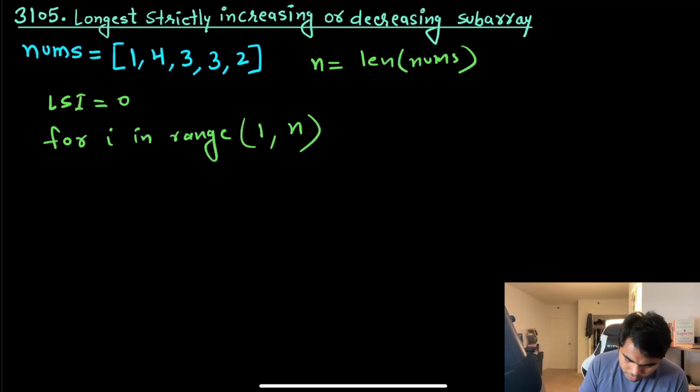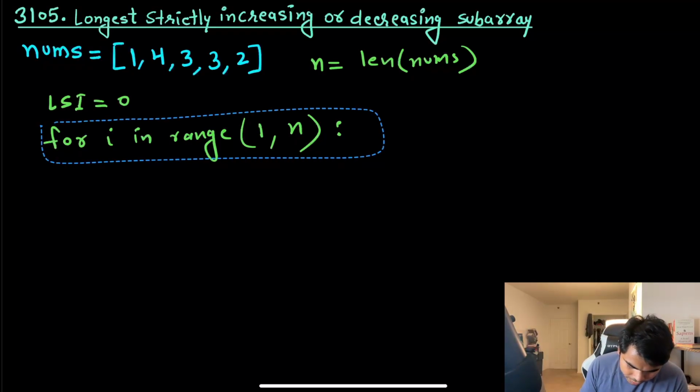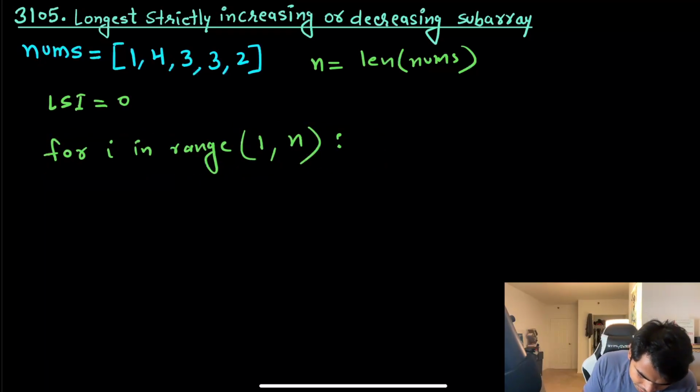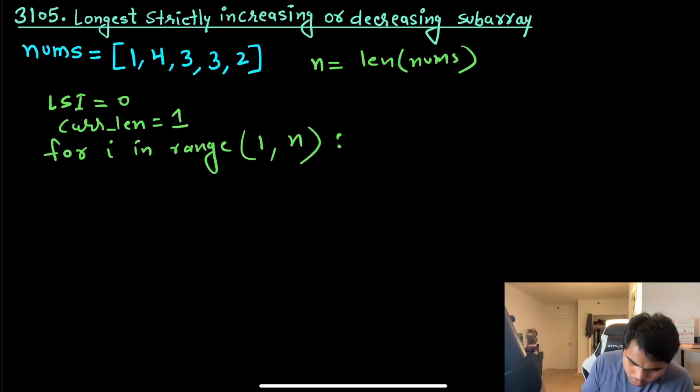So now I will check for this. Current length, actually, we can just assume it is 1.